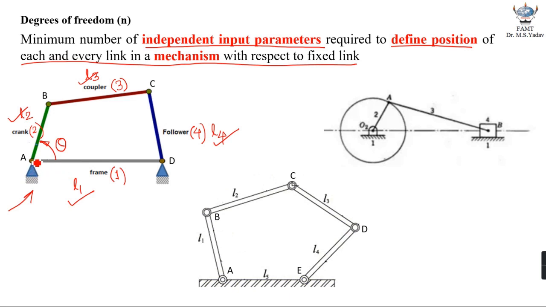So let us say position of points A and D is already known since it's a fixed link.